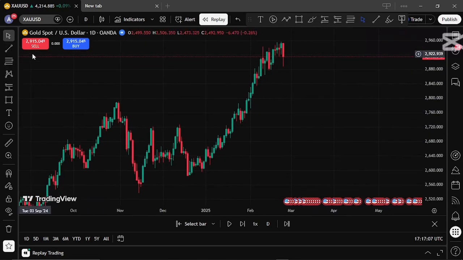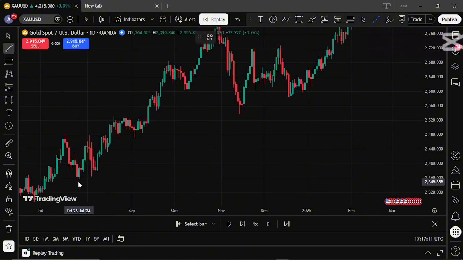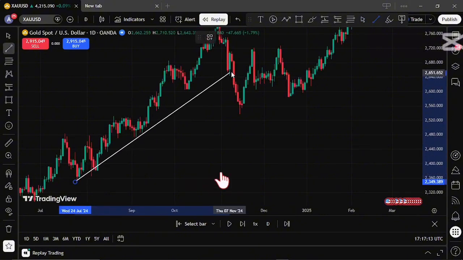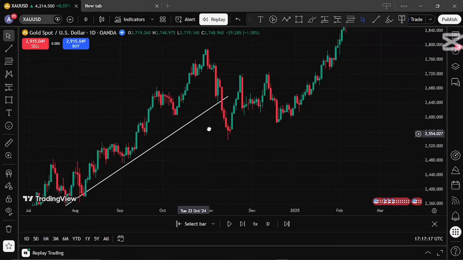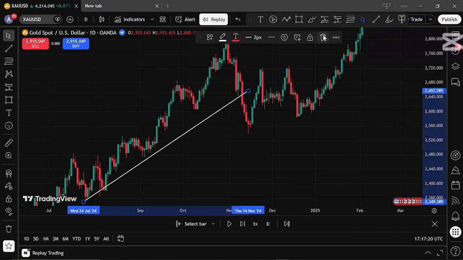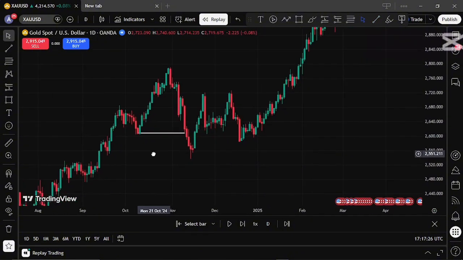Analyzing the previous information, we see that the market was in an uptrend, creating a series of higher highs and higher lows. But basically we see that we had a change of character, and many thought that things were going to go their way.